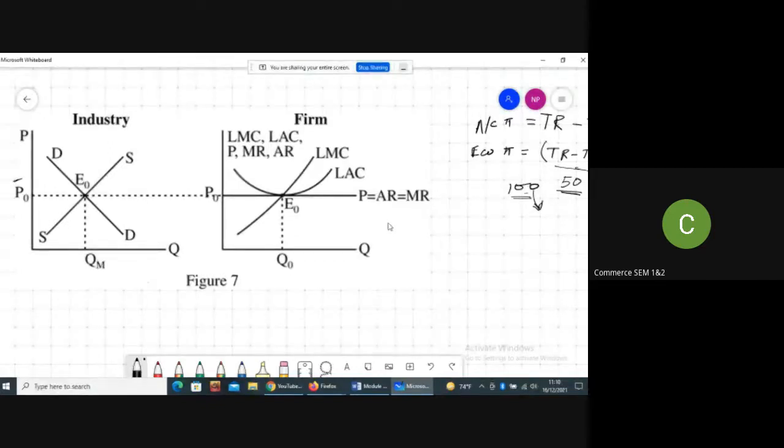All the farms take this price as given and try to maximize their profit at this price, and see how much production one particular farm can do given this price. So this price is constant, P0.